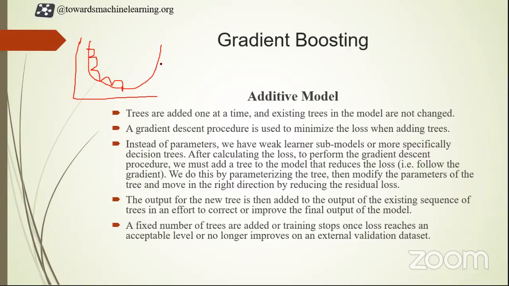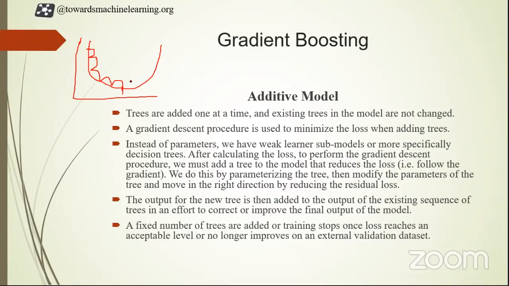We will be calculating the residuals, and at the end we will be combining the output of all the trees together in order to give a good output. As you know, in gradient descent, we have a fixed number of trees.